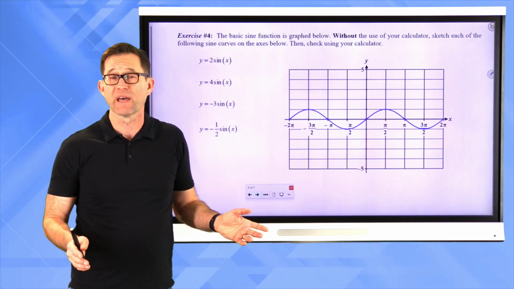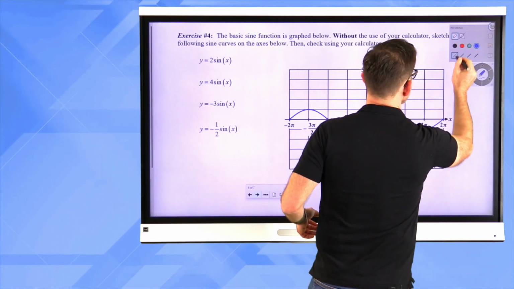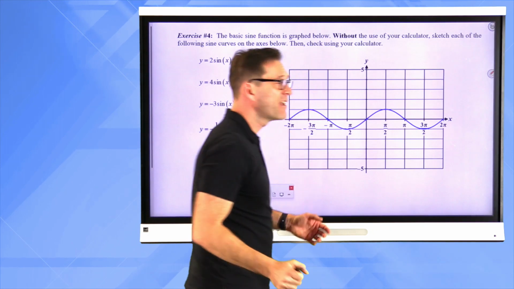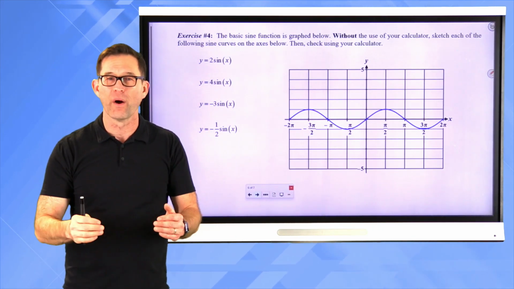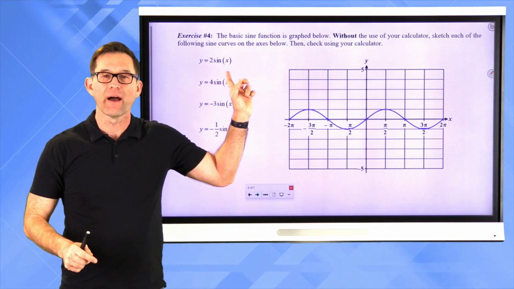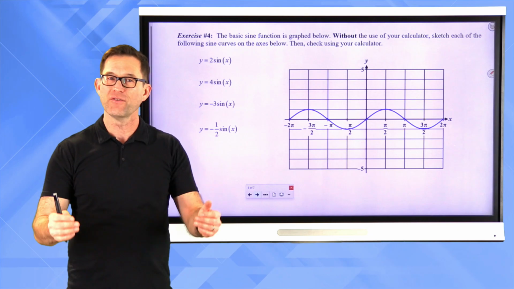But it now works out exactly like it did before. So let me switch over to red. Again, the beautiful thing is sine and cosine naturally go between -1 and 1. So 2 times the sine of x will just naturally go between -2 and 2.